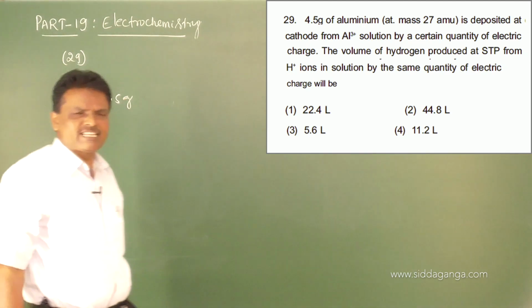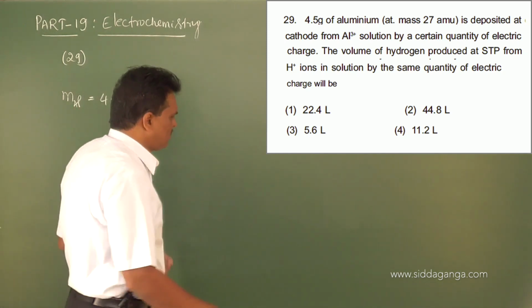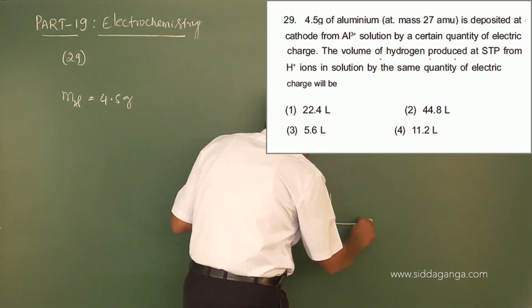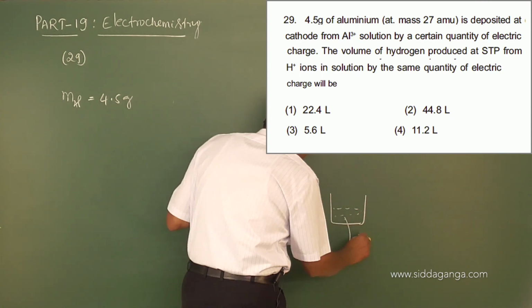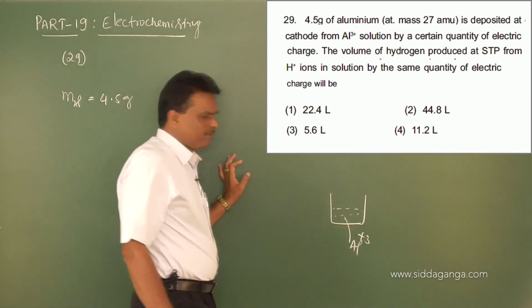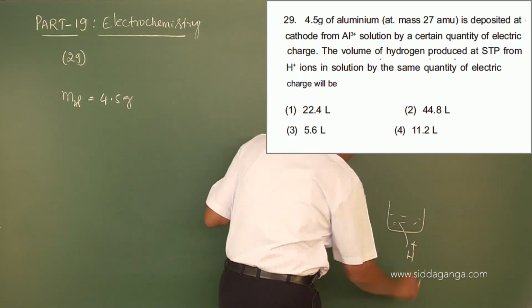According to Faraday's second law, look here: there is one solution containing Al+3 ions, and another solution which contains H plus.